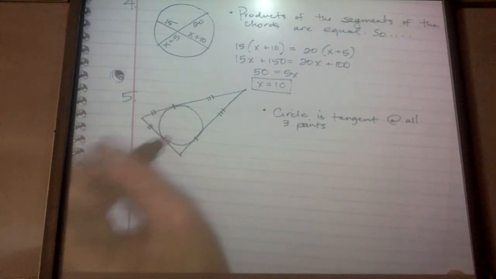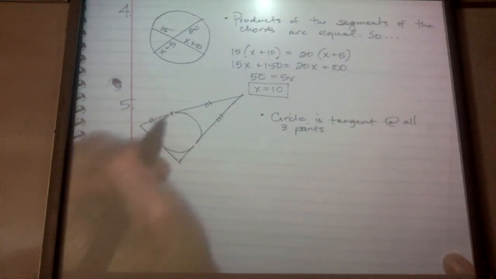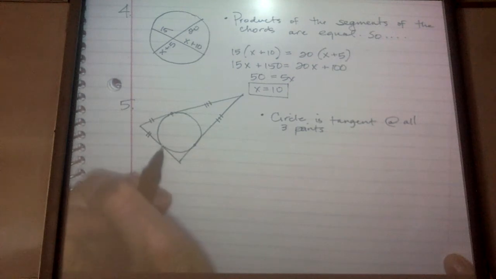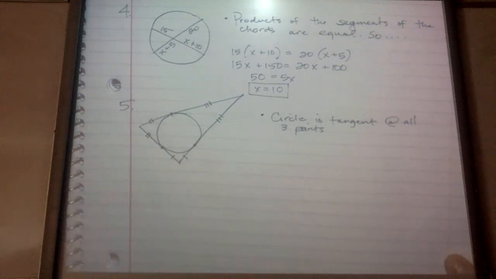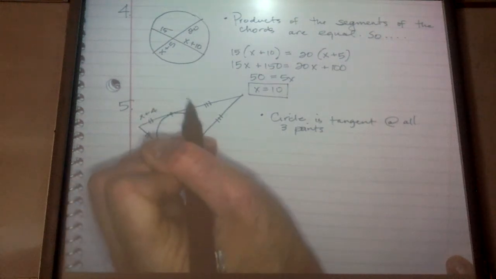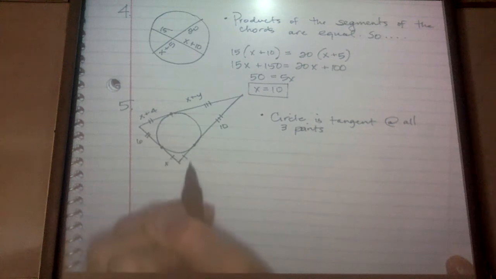In fact, hold on. I should have used dots because I need tick marks for this final. So I know this must equal that. So if I told you that this is x plus 4, and this is x plus y, this is 10, and this is 6, and this is x and x.